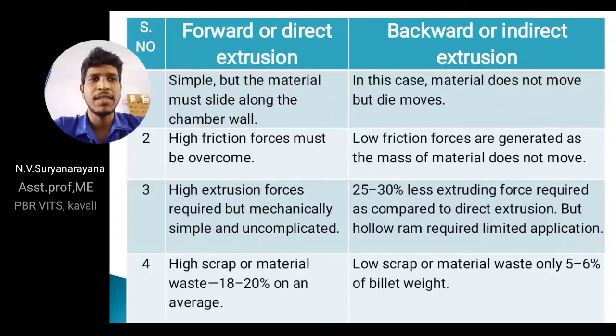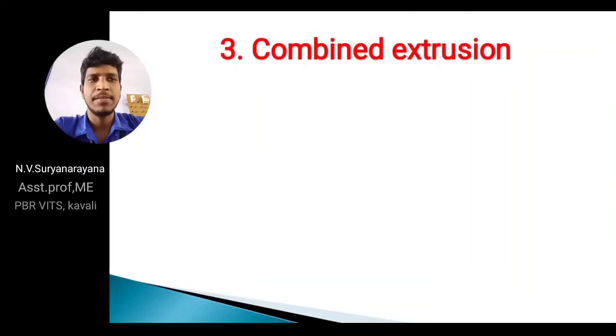In backward, low frictional forces are generated. Next, in forward, high extrusion forces are required. In backward, 25 to 30% less extruding force is required compared to direct. In forward direction, there is high scrap or material wastage, 18 to 20%. In backward or indirect extrusion, only 5 to 6% scrap.